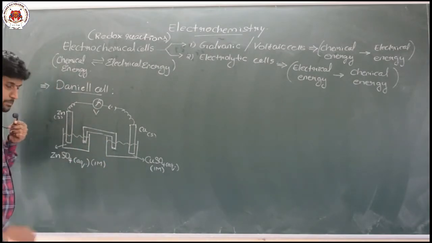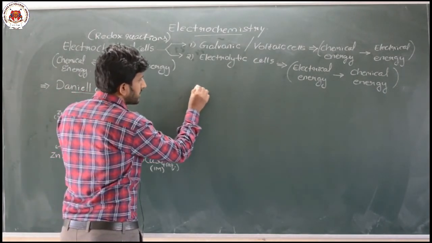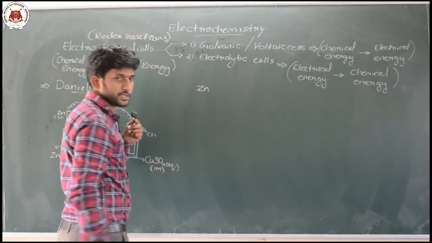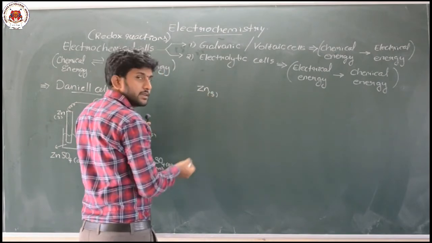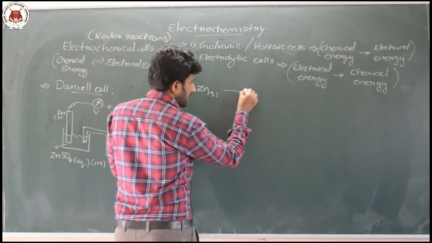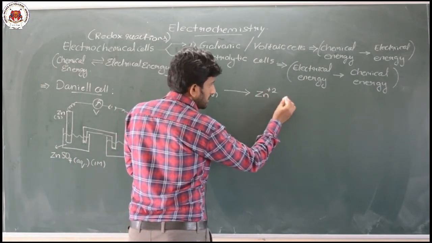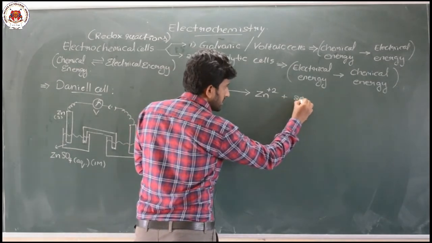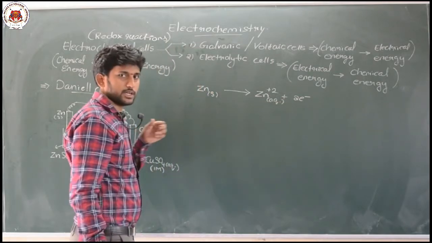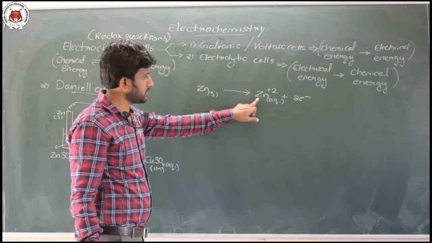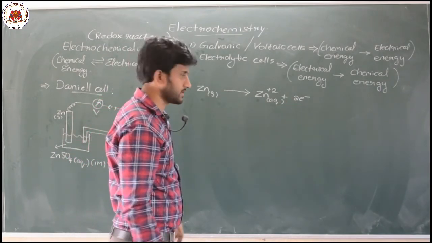When the zinc rod is dipped in zinc sulfate solution, the zinc undergoes oxidation, that is, Zn solid is converted to Zn2+ ions in aqueous solution plus 2 electrons.